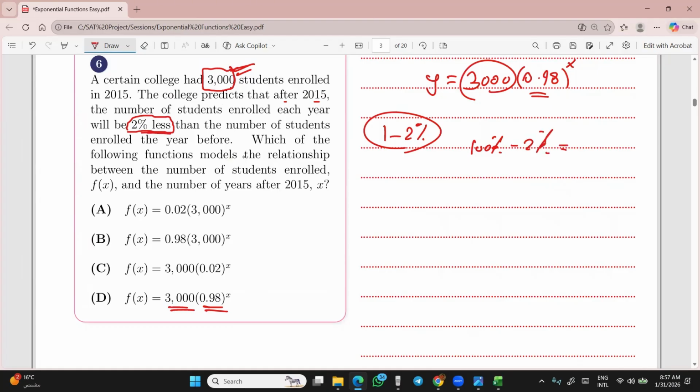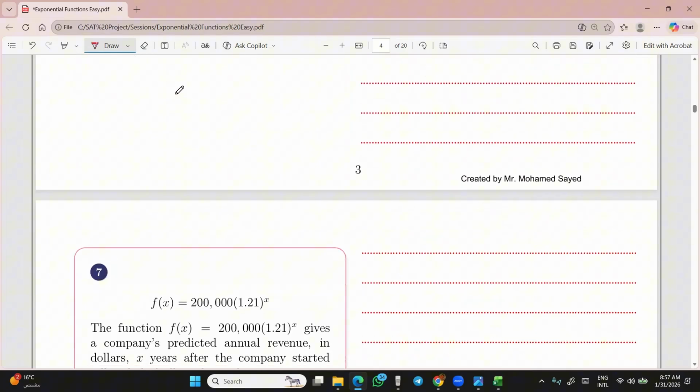And 100%, of course, means 100 over 100 if you want to calculate it by hand. 2% means 2 over 100, and when you subtract the numerators, you get 98, and the denominator is always the same. 98 over 100 means 0.98, which is here, as you can see, the only one that gets the answer. So D is the correct answer.